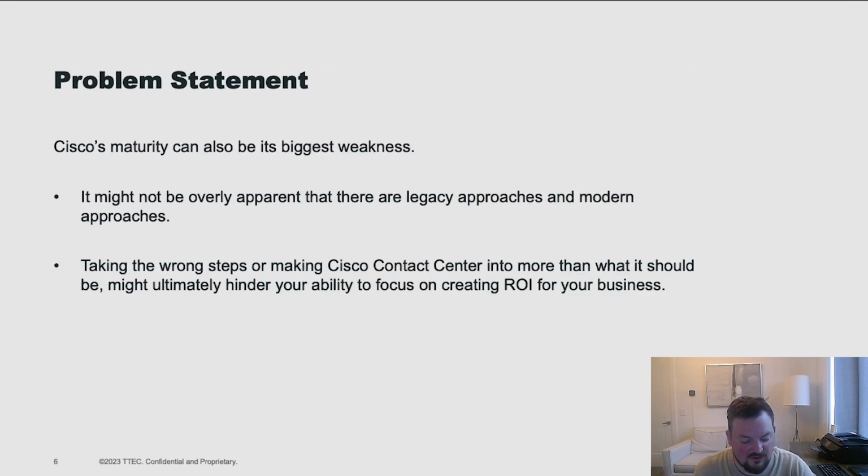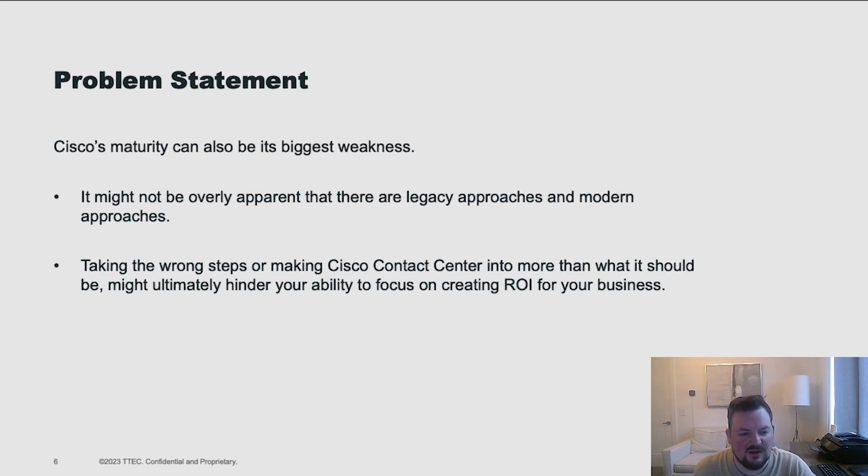Okay, so all this sounds great, but there's got to be a problem, otherwise we wouldn't be creating these videos. Here's the problem. I think that Cisco's maturity, they've had the core contact center functionality that they need for the last 10 years, right? Now they've introduced features, but it's a very mature platform.